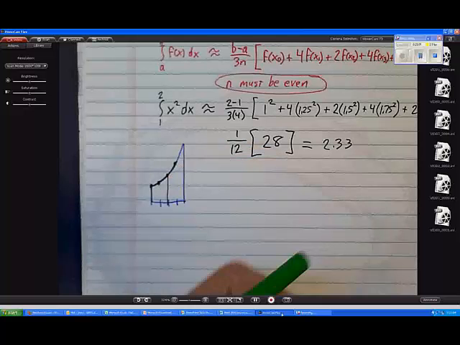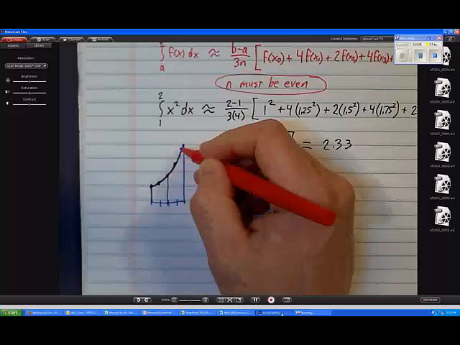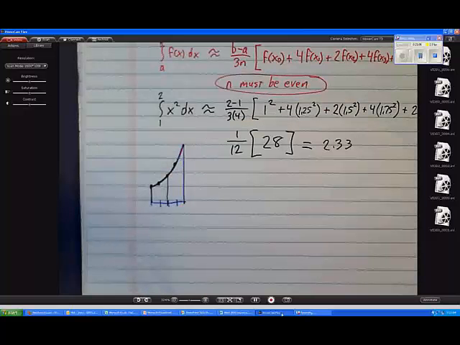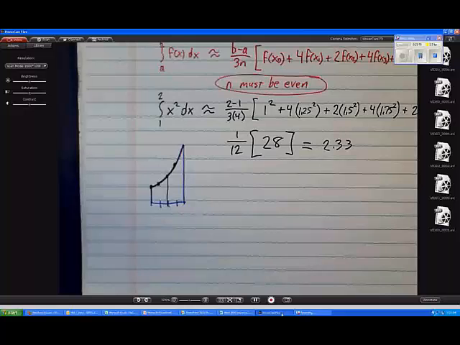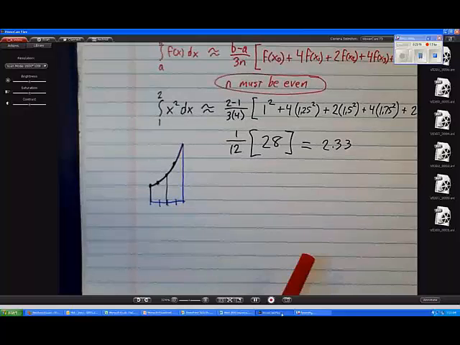And you take another 3 points in a row and you fit a parabola. Now, because this is y equals x squared, the parabolas are going to fit exactly. But in general, fitting parabolas does a little bit better than not.